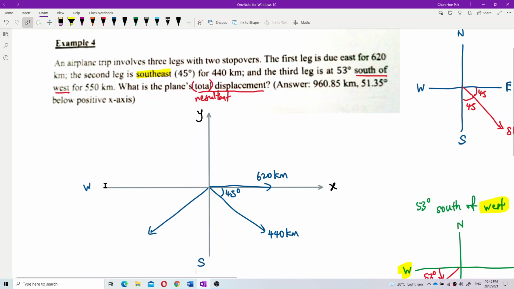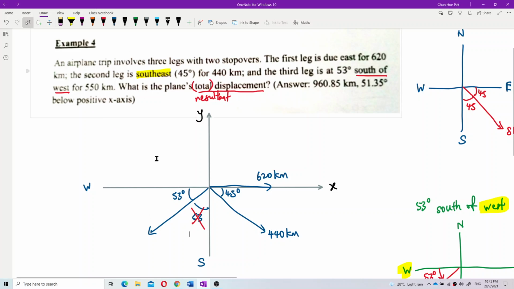So south of west, it is over here, so our 53 degrees is over here. Don't draw 53 over here. This is wrong. If you draw this one, it means west of south, not south of west. Okay, so 53 degrees south of west.